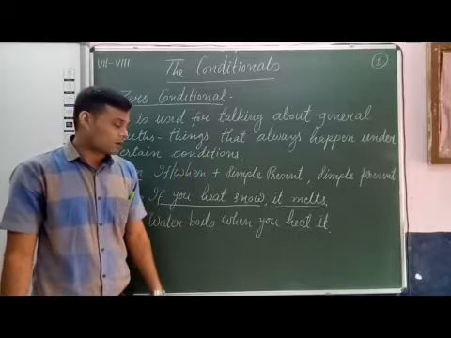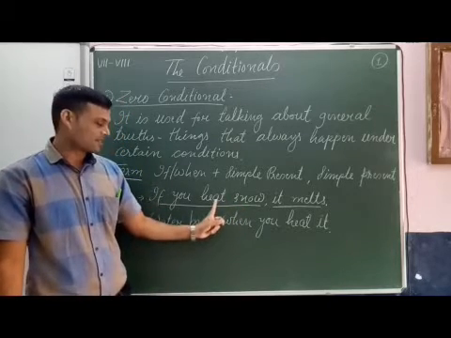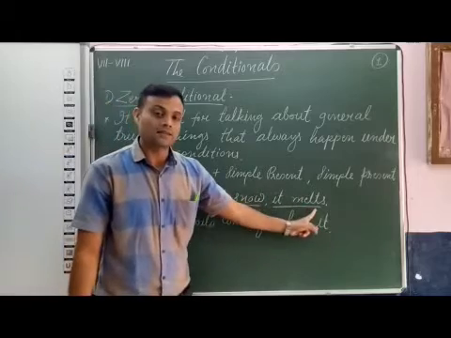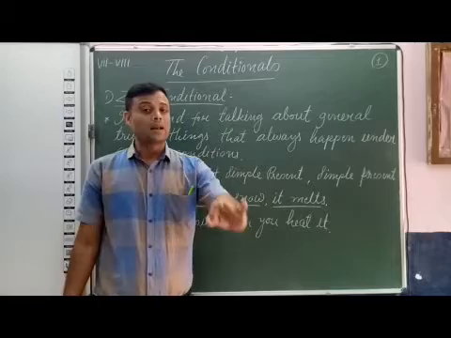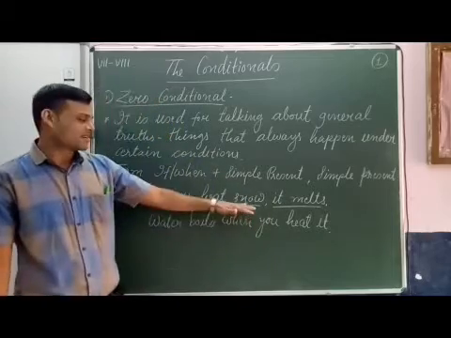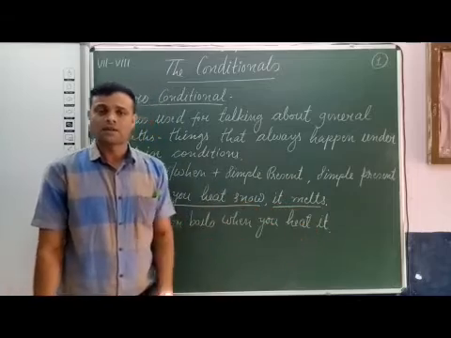Here we can also observe that both the clauses are in simple present tense, heat and melts. Both the verbs show simple present tense, and as it is a general truth, if you heat snow, it melts.